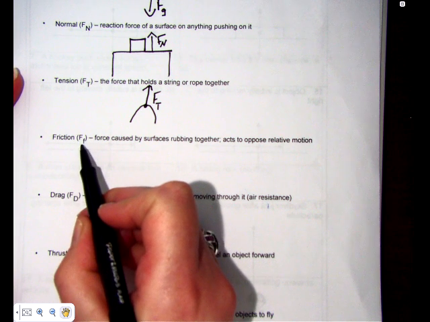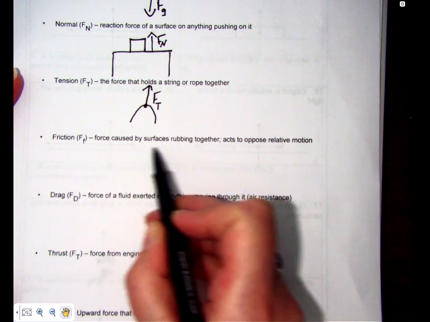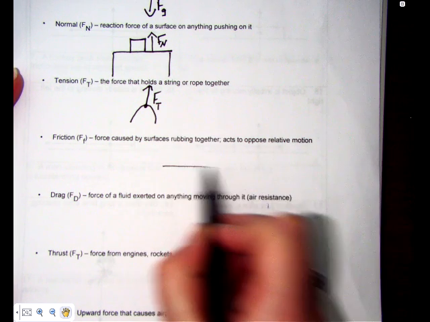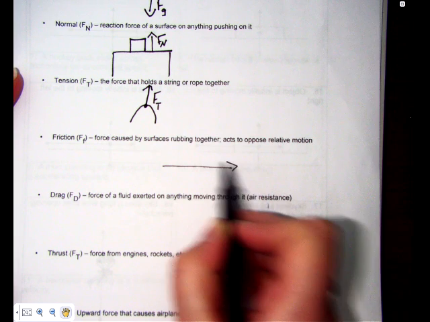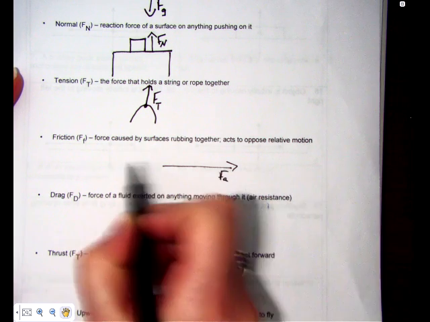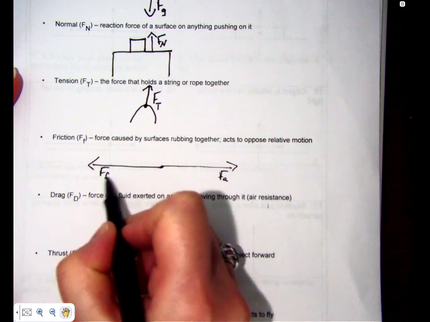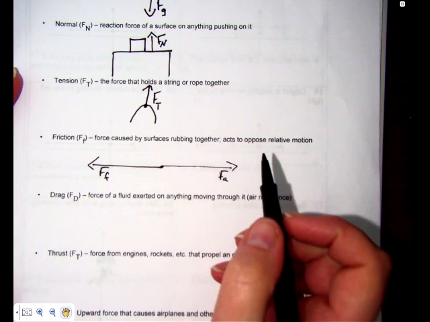Friction, F sub little f, is the force caused by surfaces rubbing together, and it acts to oppose motion. So if an object is moving in this direction along a surface, then friction is always moving in the opposite direction of that applied force.